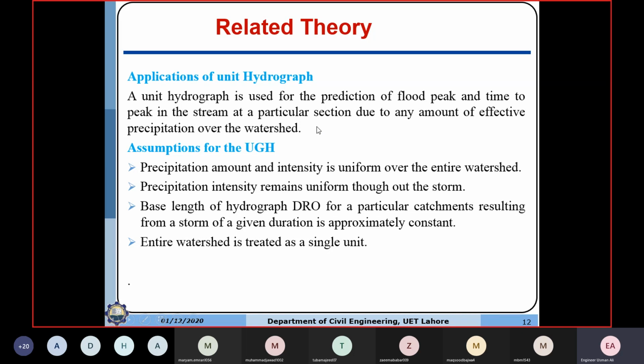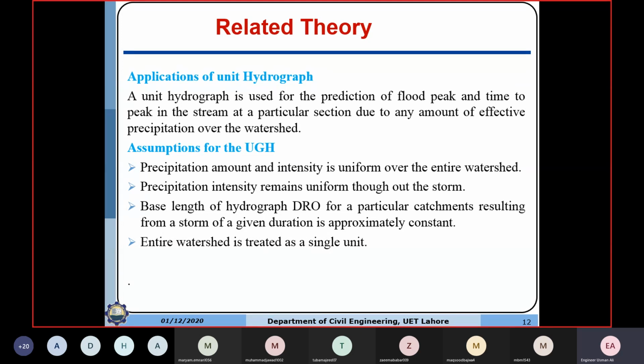तो जब आप किसी जगह का यूनिट हाइड्रोग्राफ बना लेते हैं तो आप किसी भी प्रेसिपिटेशन की बेस पे, जो कि सेम ड्यूरेशन की, जिस ड्यूरेशन का यूनिट हाइड्रोग्राफ है, इसमें कंडीशन है कि the amount of precipitation for which peak discharge and time to peak is to be determined and the hydrograph is to be made should be of same duration as of the unit hydrograph. तो उस ड्यूरेशन की कितनी भी इफेक्टिव प्रेसिपिटेशन होगी उसकी बेस पर आप डिज़ाइन डिस्चार्ज या हाइड्रोग्राफ बना सकते हैं using the unit hydrograph.